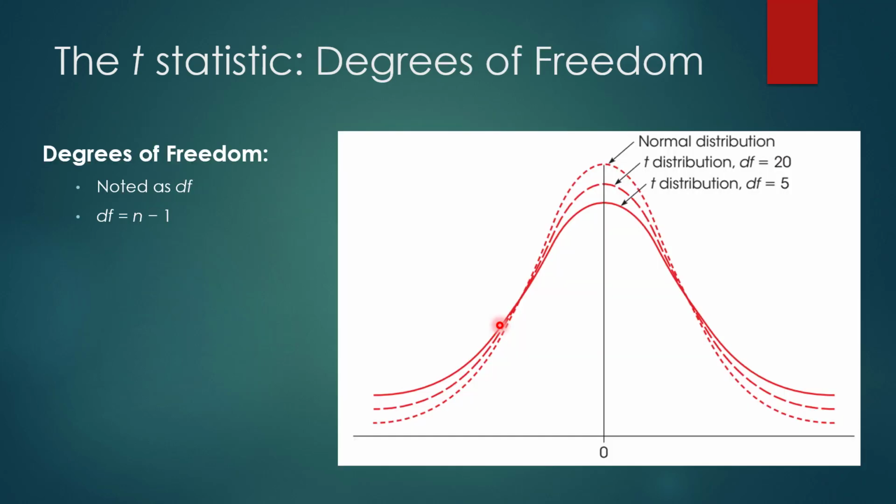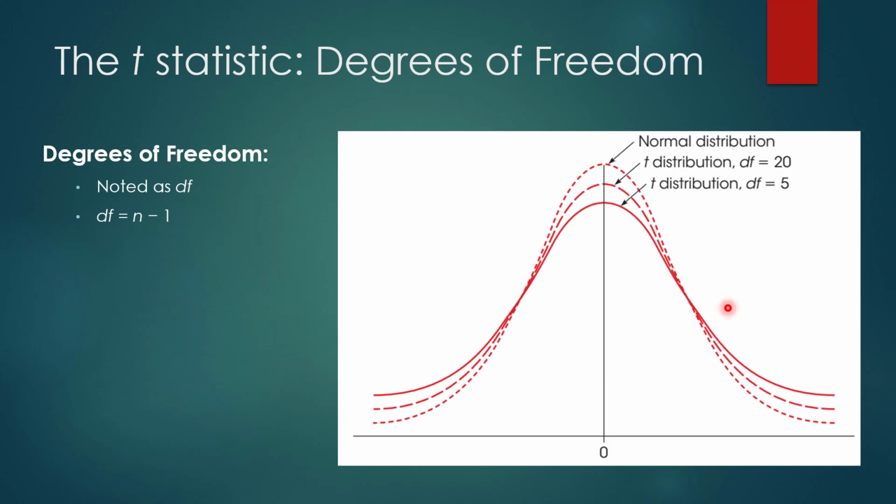One other thing to note is that when we're looking at our distribution, this dotted line is the normal distribution. Our t-distribution is a little fatter and a little wider than the normal distribution.